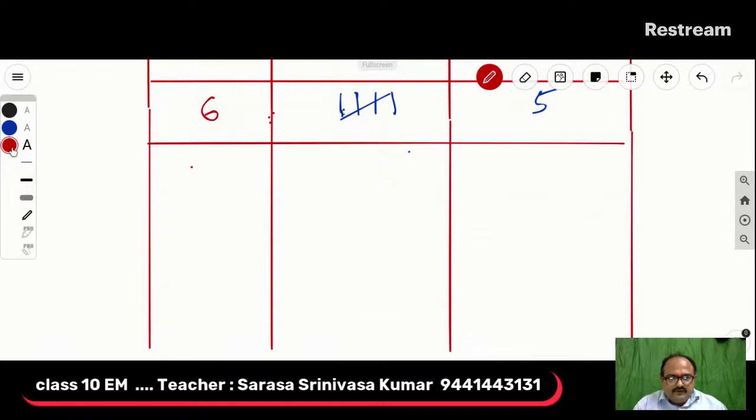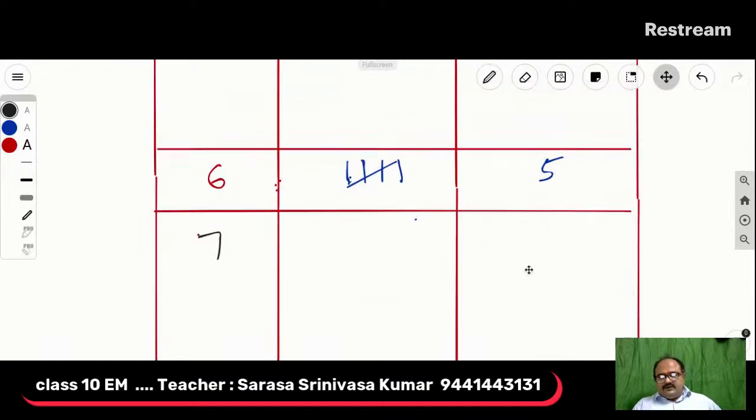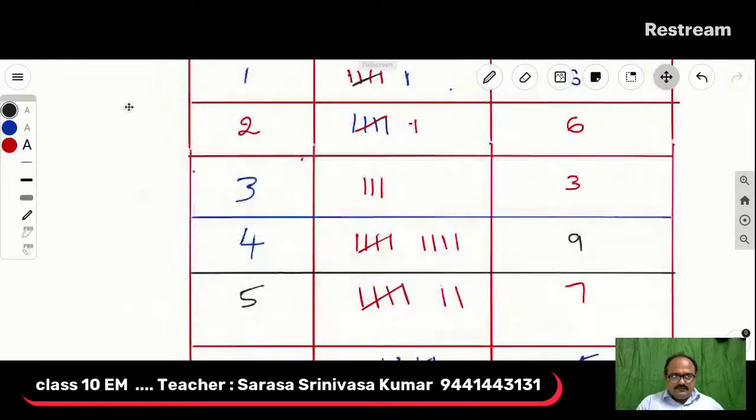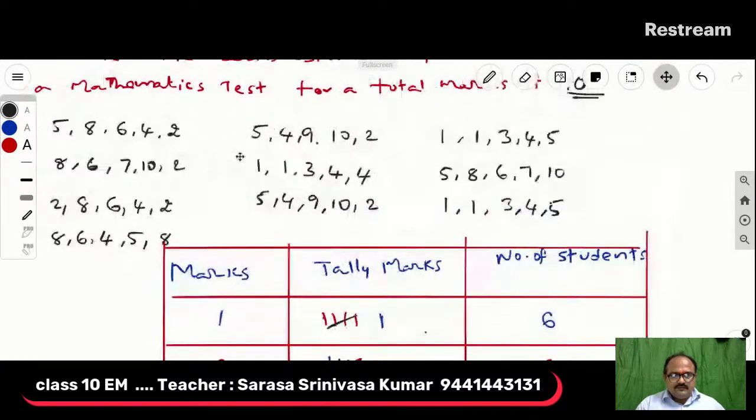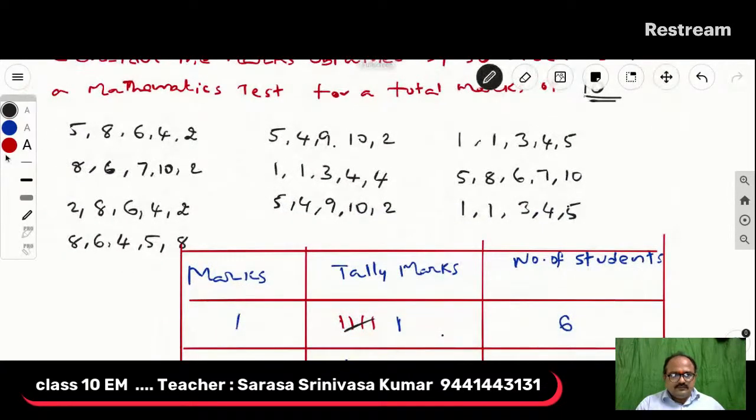Next 7 marks. We note down for 7 marks. Let us see how many students got 7 marks. So here is the first student. Here is the second student.